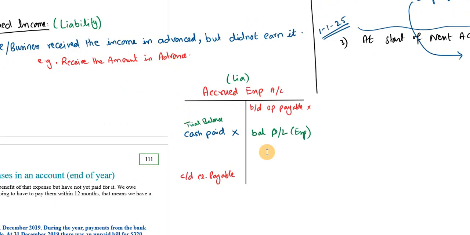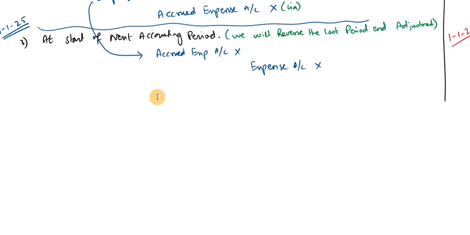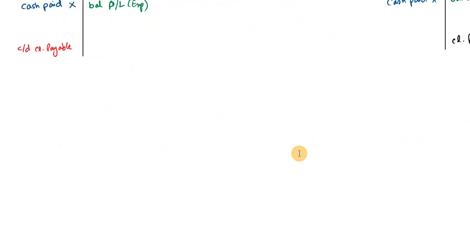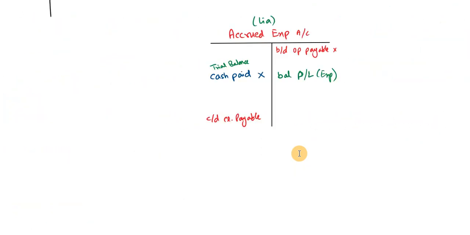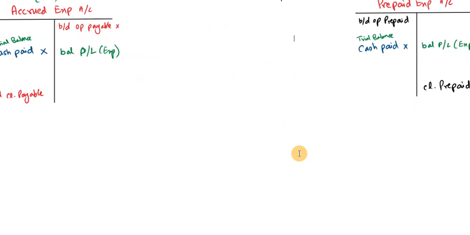accrued expense. Okay, so the last will be the combined account in case of accrued and prepayment expense. So this is the complete format related to accrual and prepayment. Now we are going to make the combined account of these two accounts.